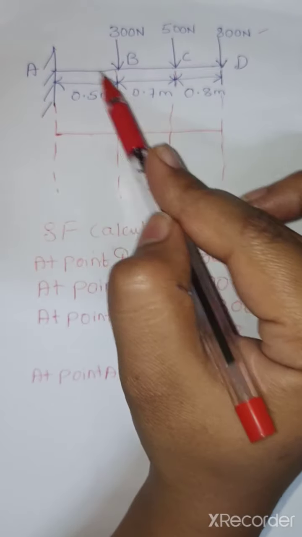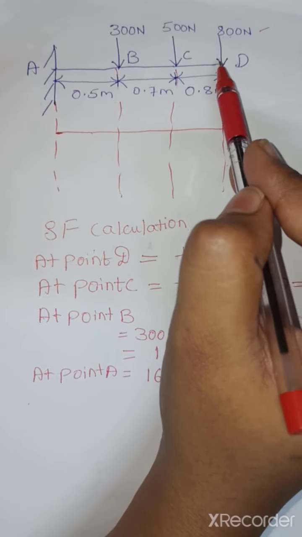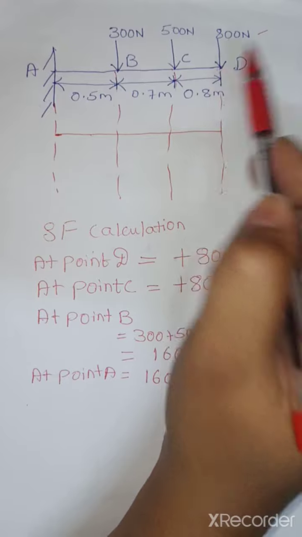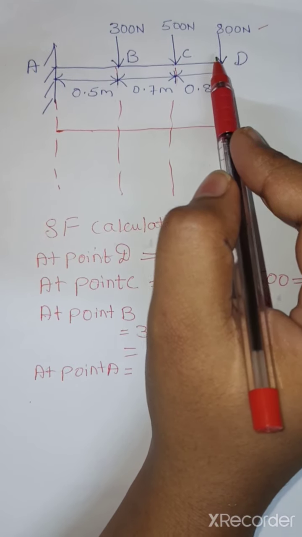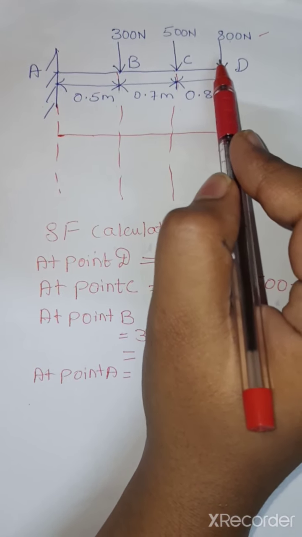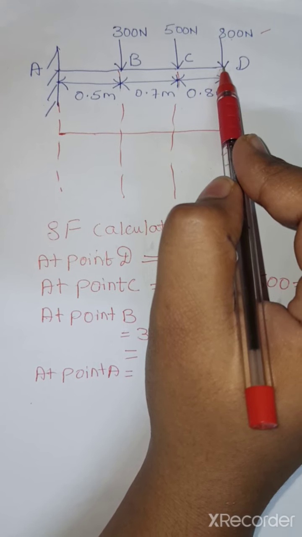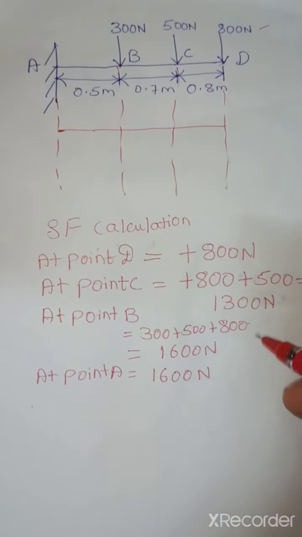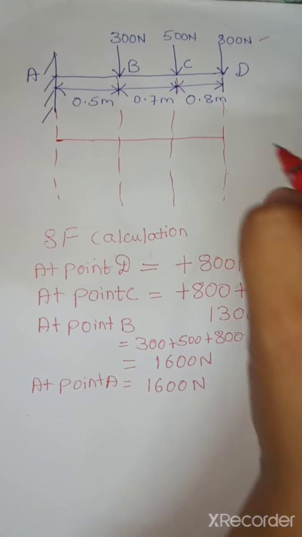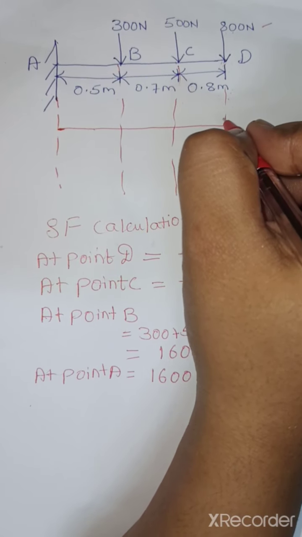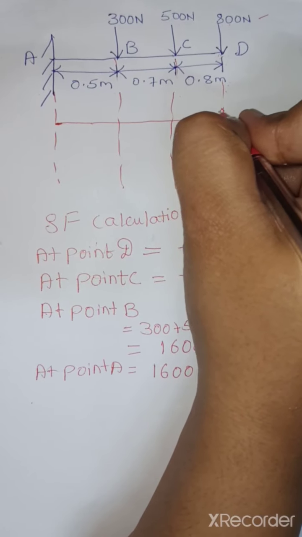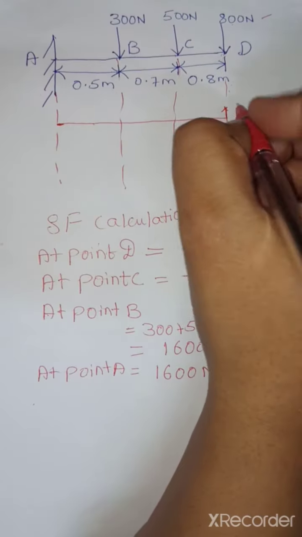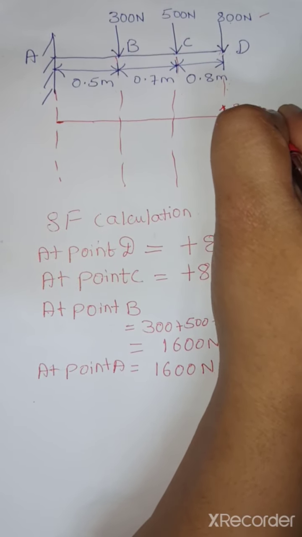Since this is a concentrated load, the shear force for the concentrated load will be of stepped variation. So exactly at point D we have 800 with a positive variation, plus 800 Newton.